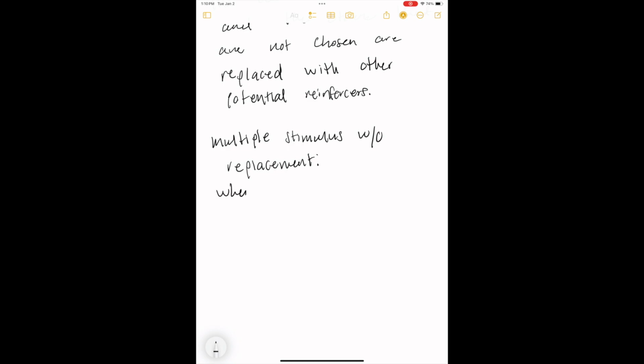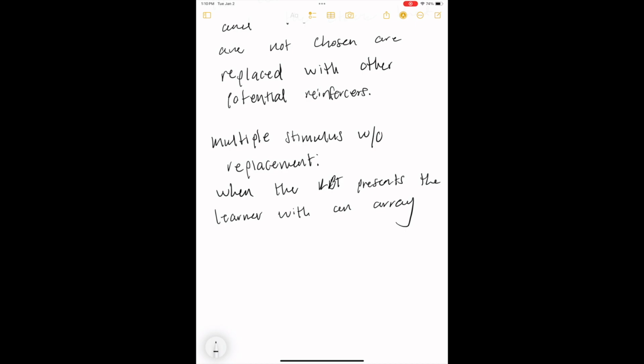So when the RBT presents the learner with an array, again, it's going to be 3 or more, with an array, and they choose.